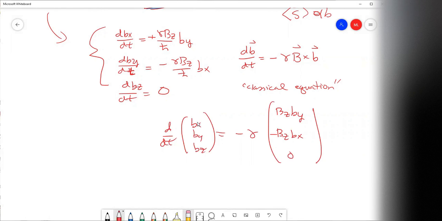Well, this is just B cross little b, if little b is just pointed along the z direction. I see. Okay. All right. Thank you. That makes sense now.